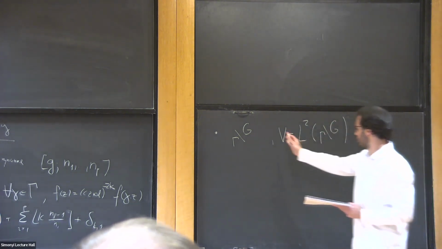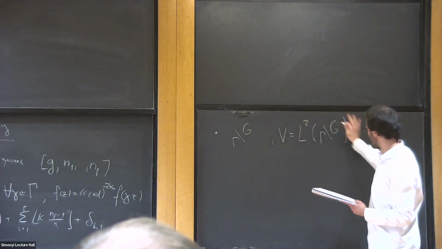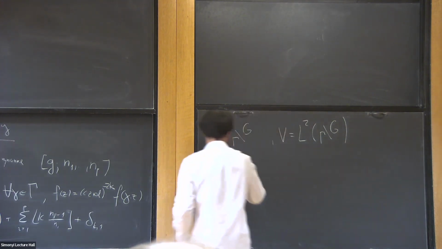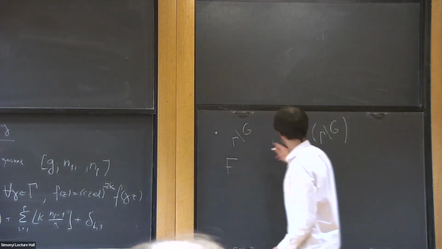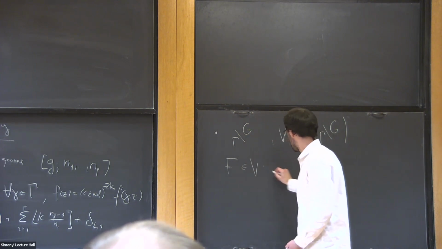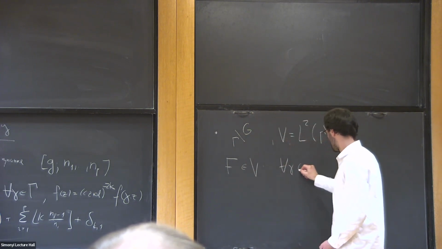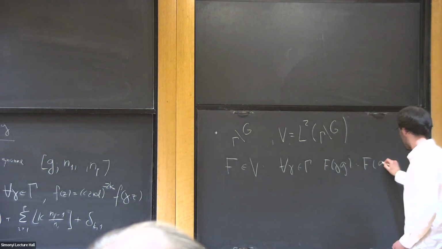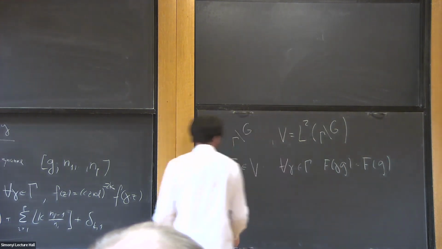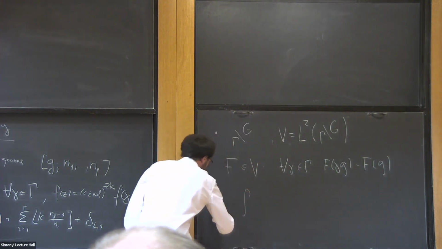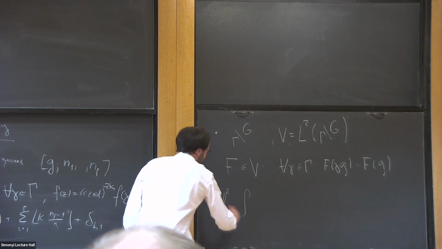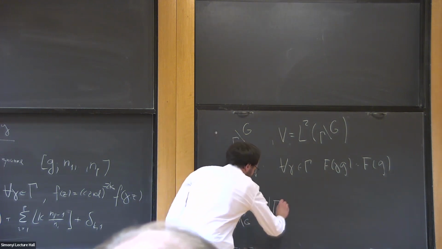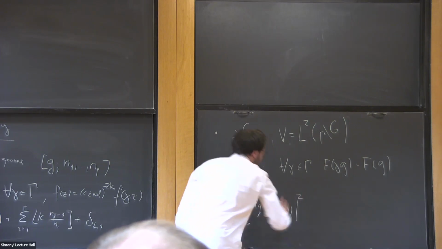Now G acts by right multiplication, and this is a unitary representation of G, PSL2R. The functions are left invariant, and the norm is just the integral.